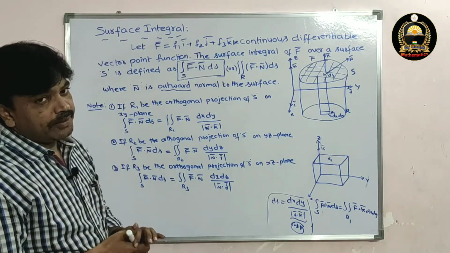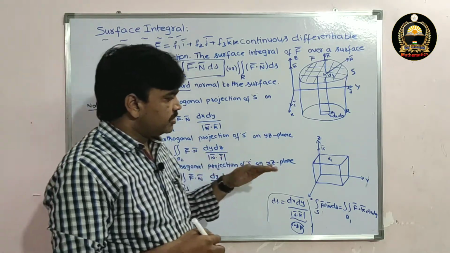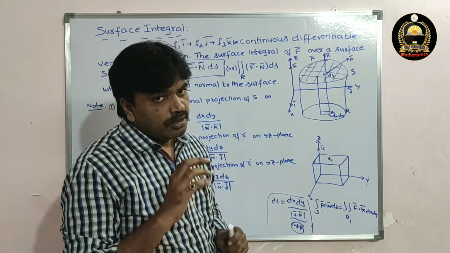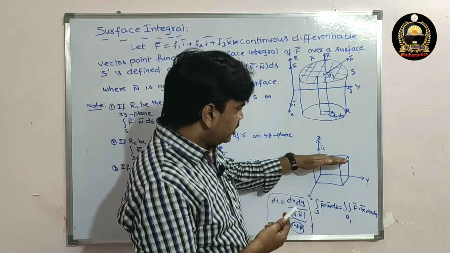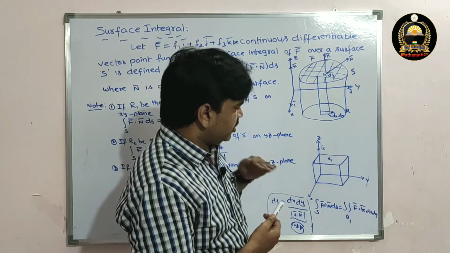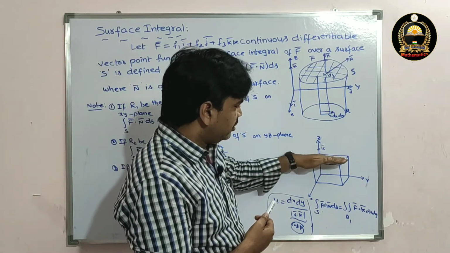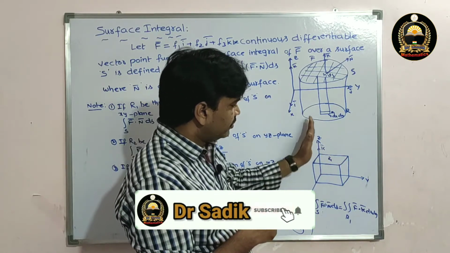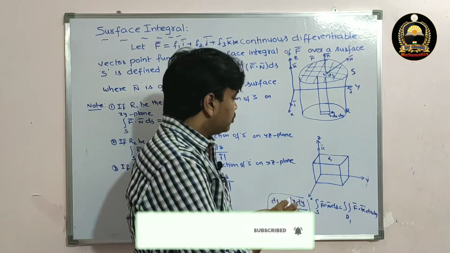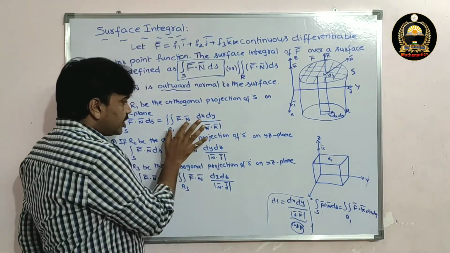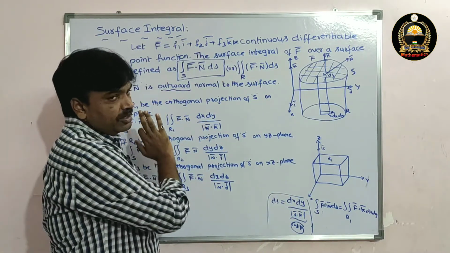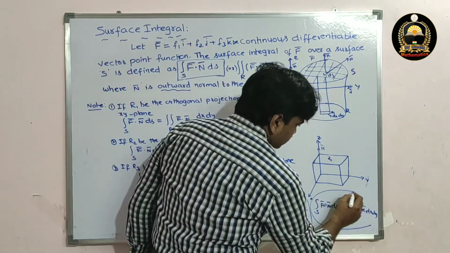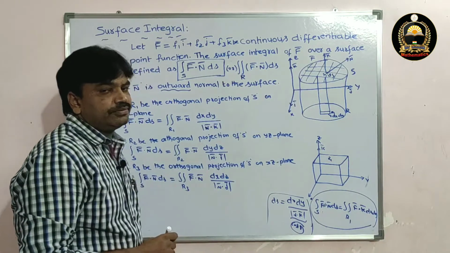Now if I take the same case for the cube or parallelepiped, at any point of z this is region R1. What is the outward unit normal vector? It is k bar, so n bar becomes k bar and the formula becomes this one.